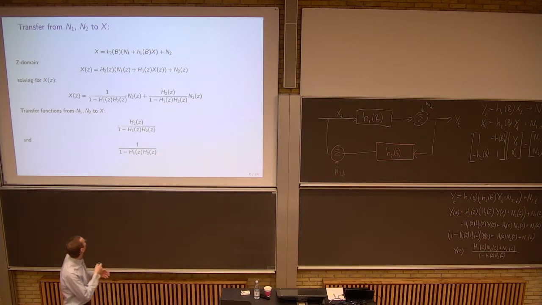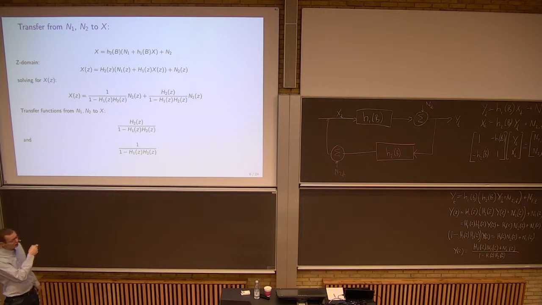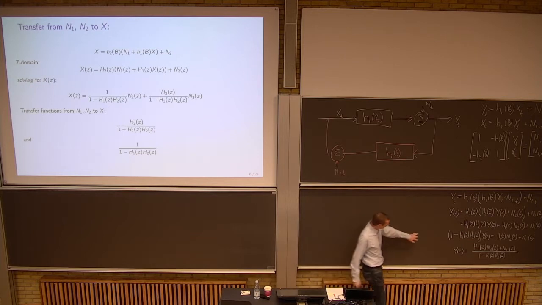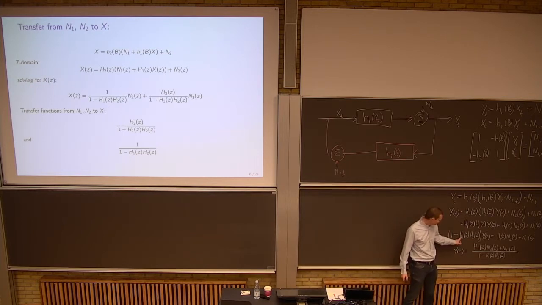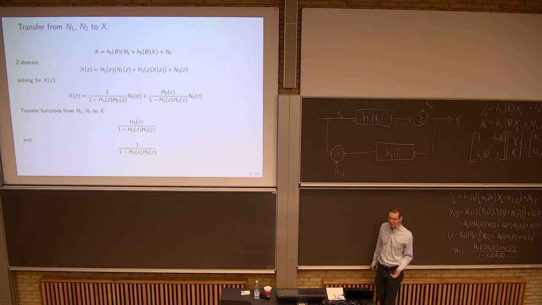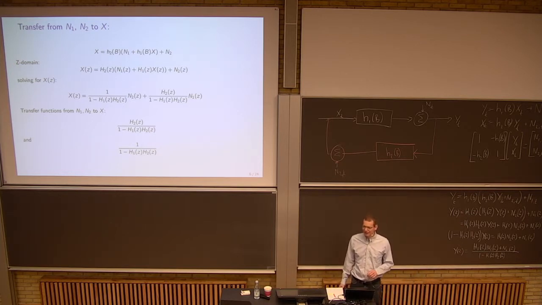Maybe I should rephrase this. This fraction, of course, I could keep on the left-hand side and stick to this formulation here. But then if H1 and H2 are both second-order polynomials, and I multiply them together, then I get some other coefficients at least. So they're not necessarily exactly representing the same system. It depends again on the model that you have.